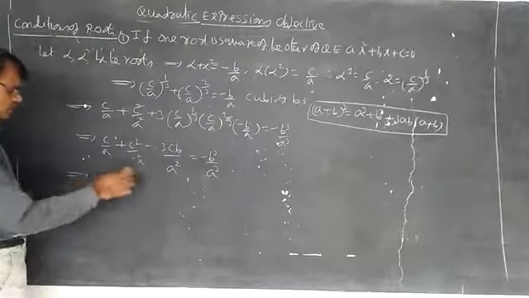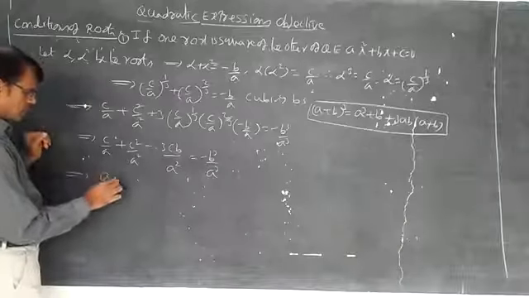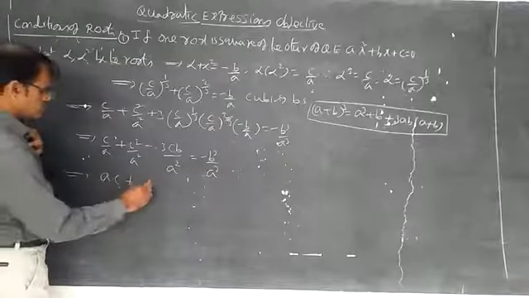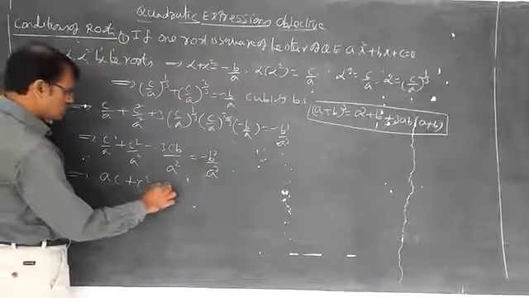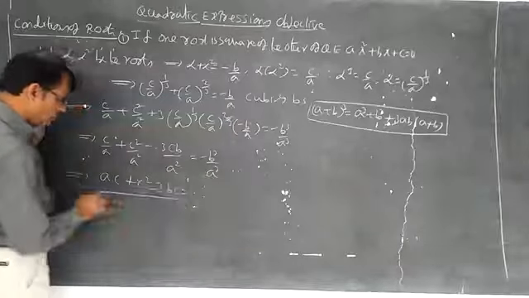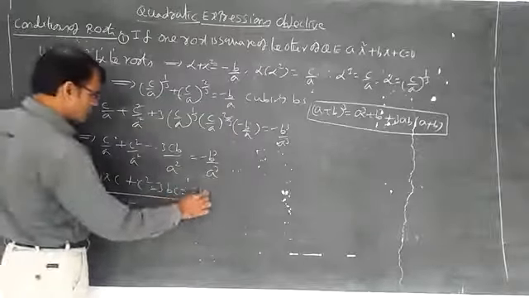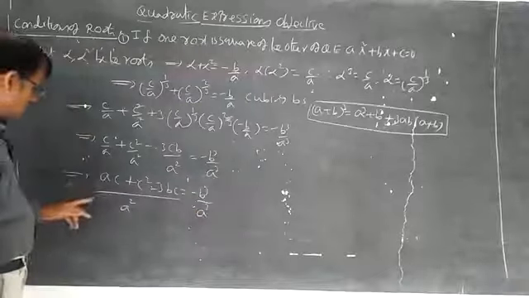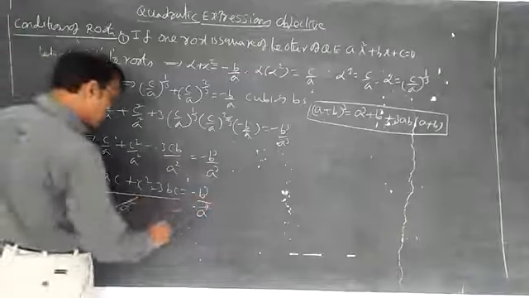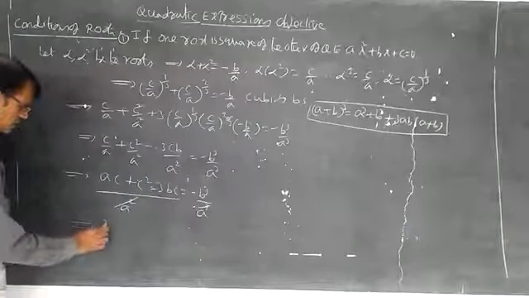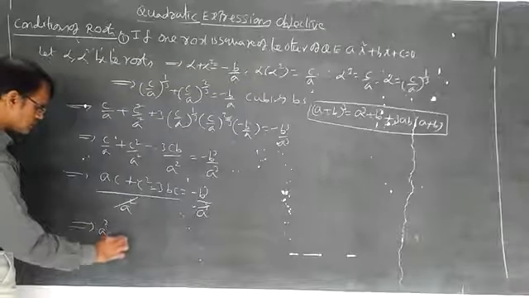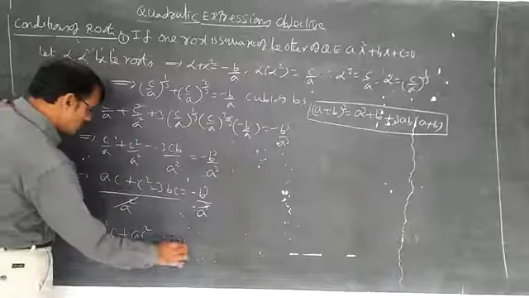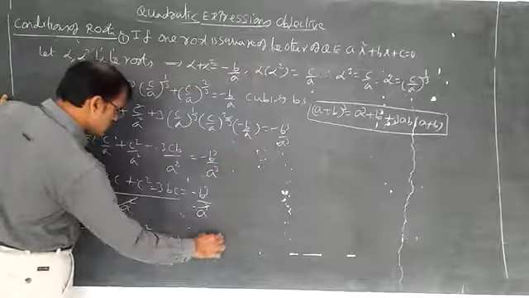Taking LCM a square, it becomes ac plus c square minus 3bc whole by a square is equal to minus b cube by a cube. Now this a square will get cancelled a times. By cross multiplication, you get a square c plus ac square minus 3abc is equal to minus b cube.